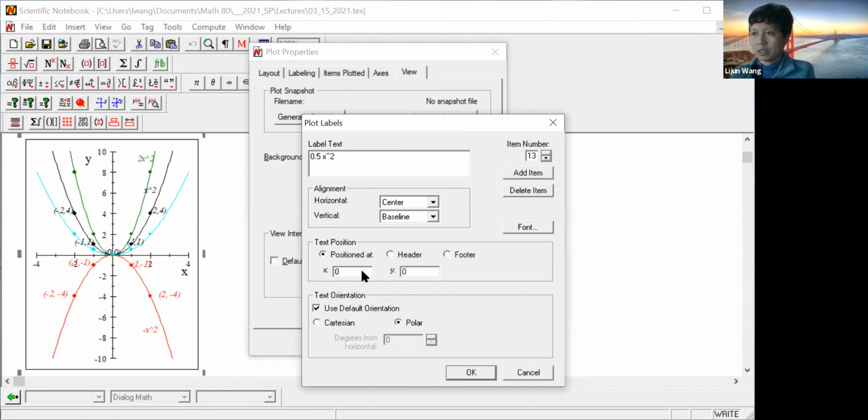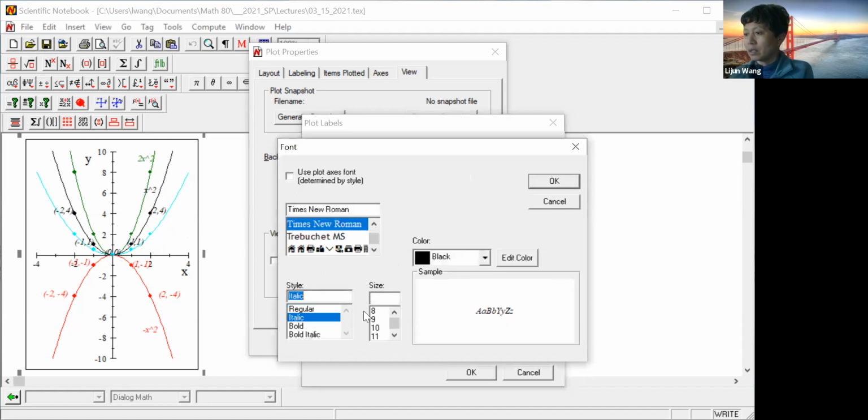Where am I going to put it? I'm going to have to put it at 2. Maybe 2.2. 2.5. Okay. To hopefully let that color match.